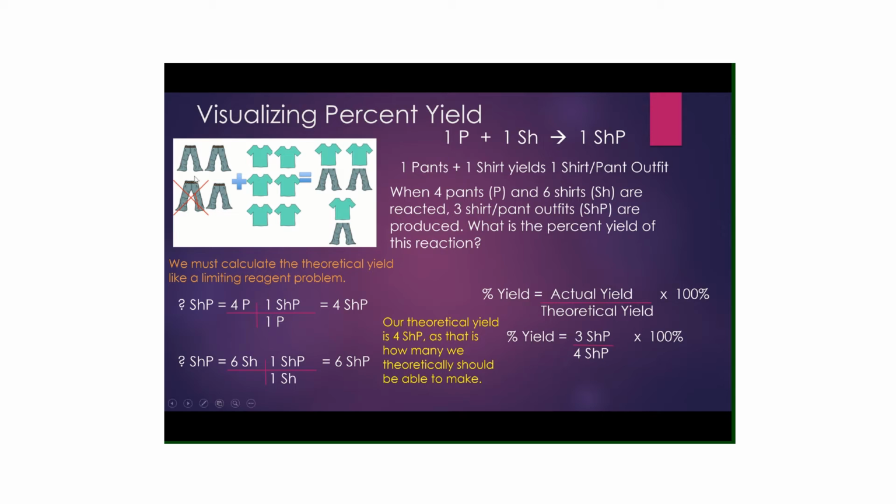For some reason, one of the pants was lost or dirty or ripped or torn, and it was not going in to making our shirt pant outfits. So divide what we actually got, which is only 3 shirt pants, by what we theoretically should have gotten, which is 4 shirt pants, then we get a 75% yield.